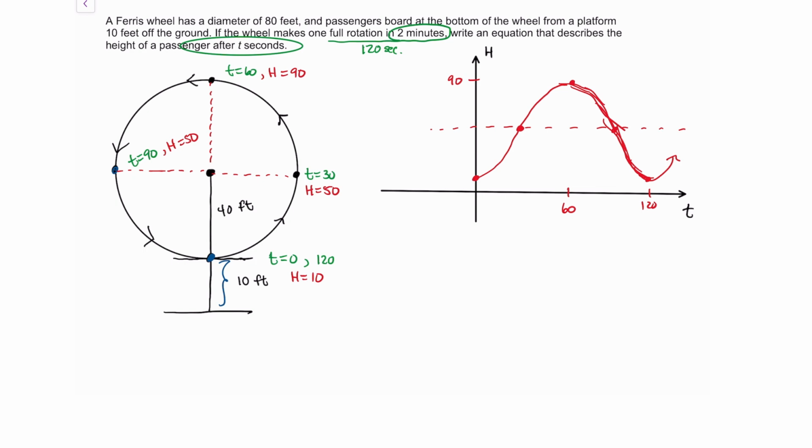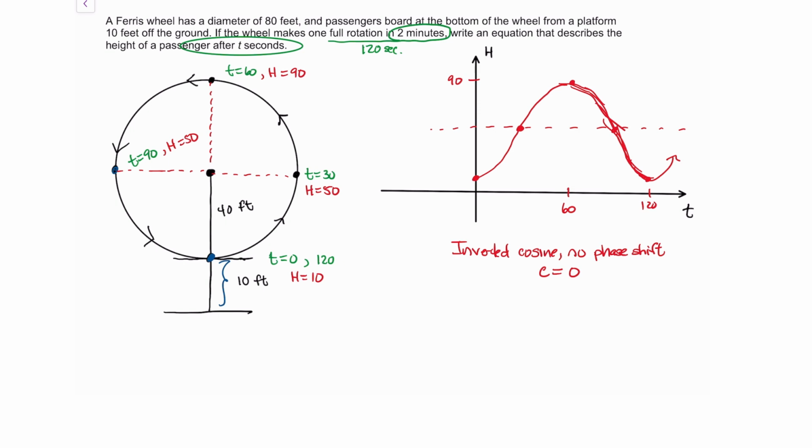Okay, so let's take a look at the aspects of this graph. Now notice that it has a y-intercept at its lowest point, which means this is for sure an inverted cosine and has no phase shift, which means the c in the equation is 0.